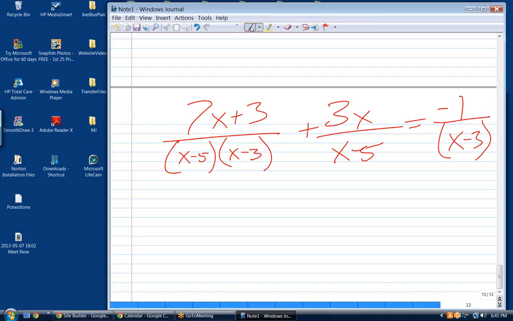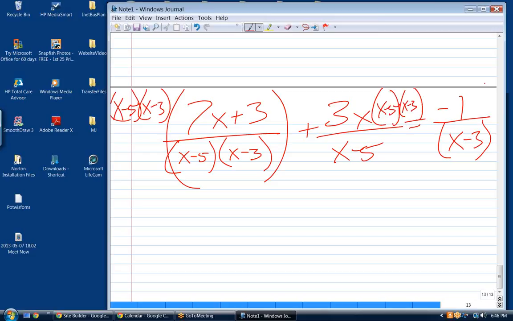We'd have to multiply by the x minus 5 and the x minus 3. Exactly. I'm going to multiply this term by that. I'm going to multiply this term by that, because they're on the same side of the equation. And I have to multiply this term by that.